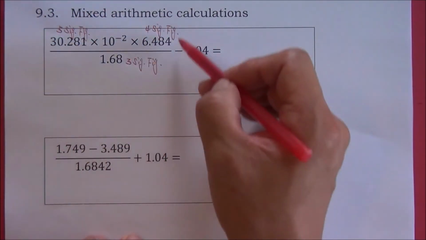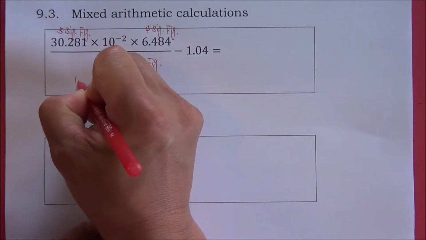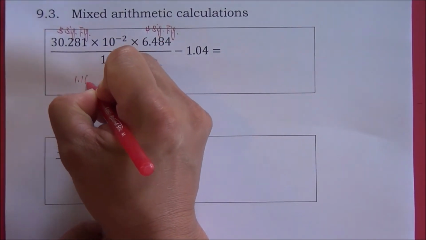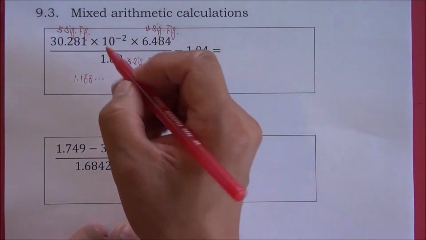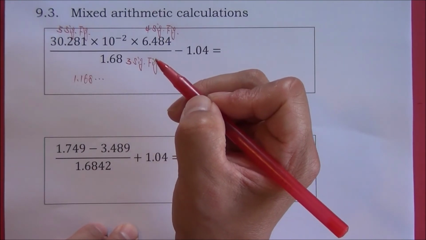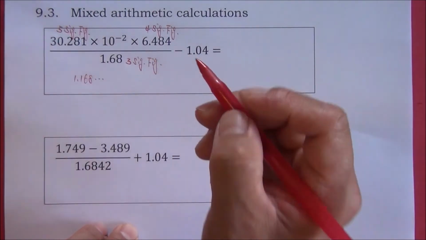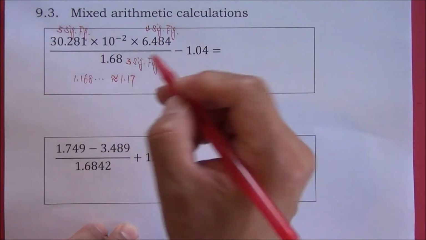Let's plug these numbers into a calculator. What we get is 1.168. There are more digits afterwards. The intermediate answer for this step is approximately equal to 1.17. We copy down minus 1.04.